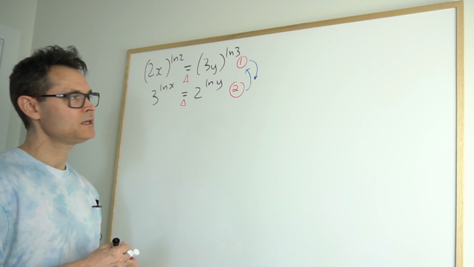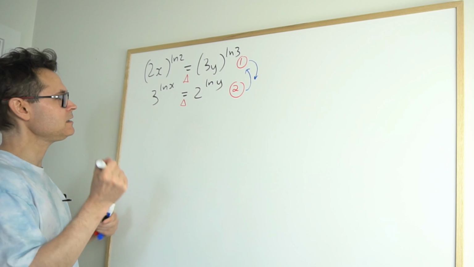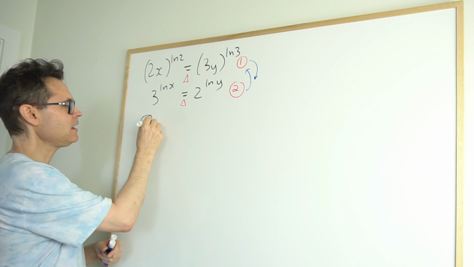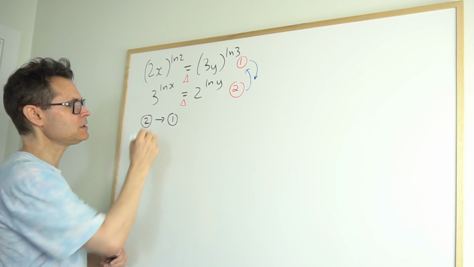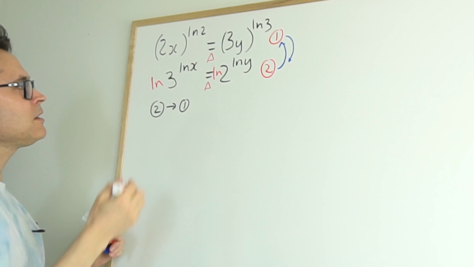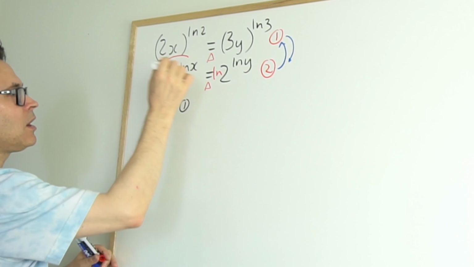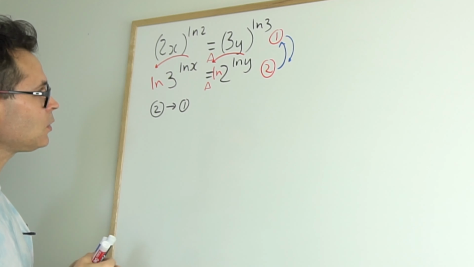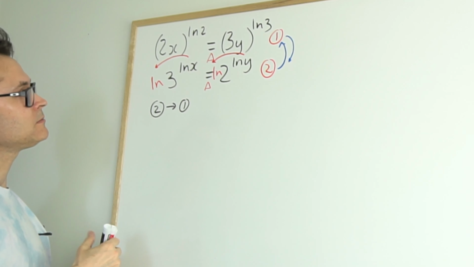So the first method involved me taking the second equation, working with it, and then plugging an expression into the first equation. So let's do a little bit of surgery on the second equation. Notice that if I was to take the natural log of both sides in the second equation, then I could use the power law, a very basic log law, to lower those lns to the ground.